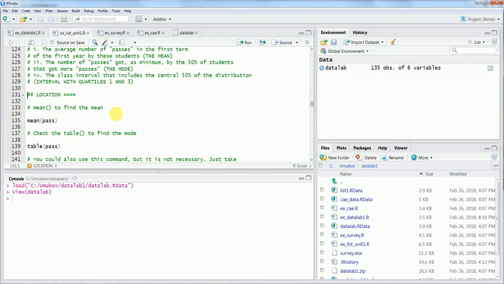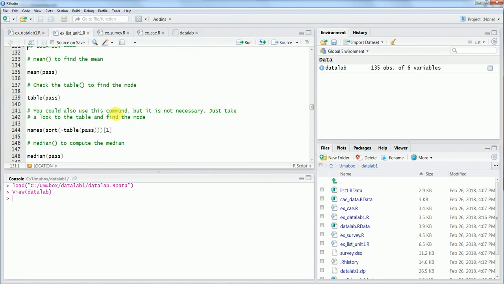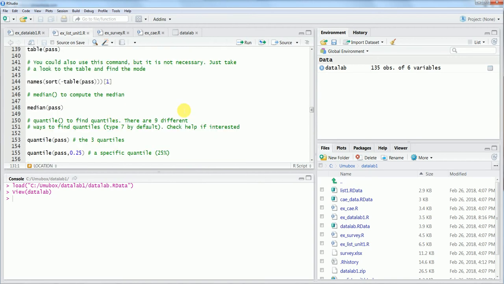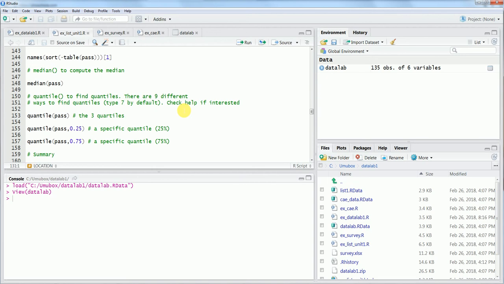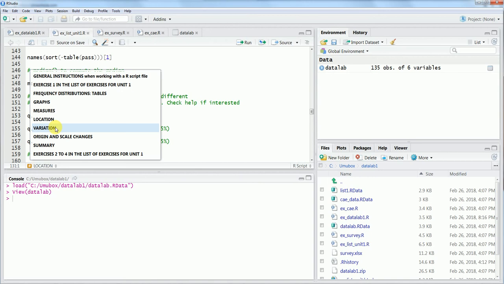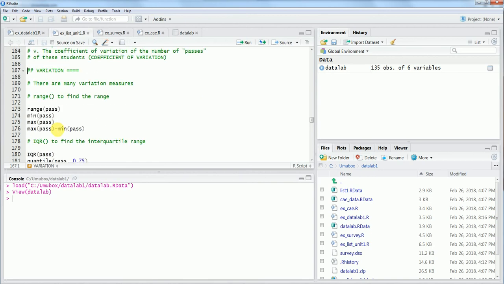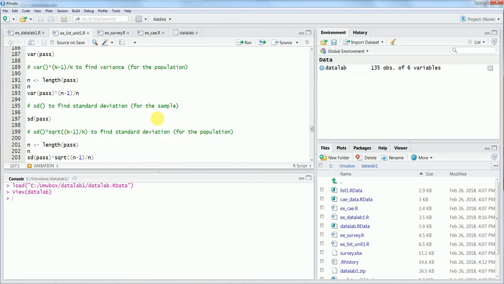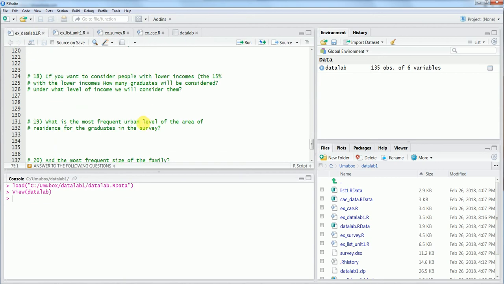So, for example, if you want to work with the mean, or you want to find a mode, or you want to find a median, or some quantiles, remember that here you have information about that. Same if we are talking about variation. I mean, for example, range, or the interquartile range, or the variance, or the standard deviation, or anything that you need. Okay?